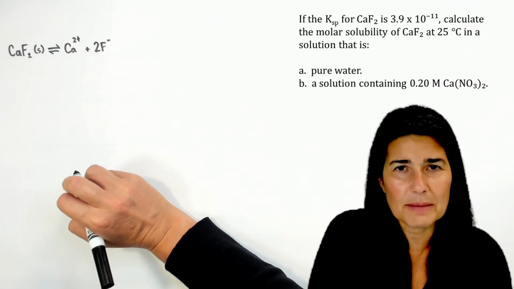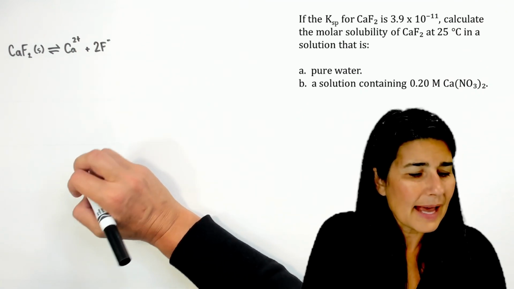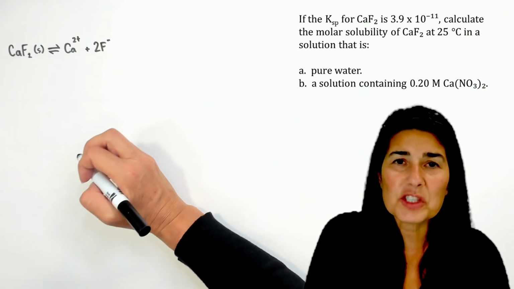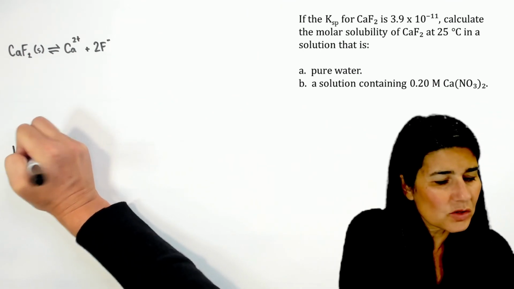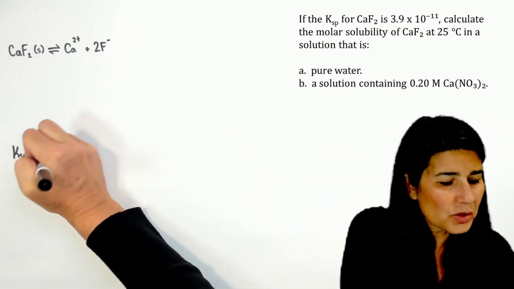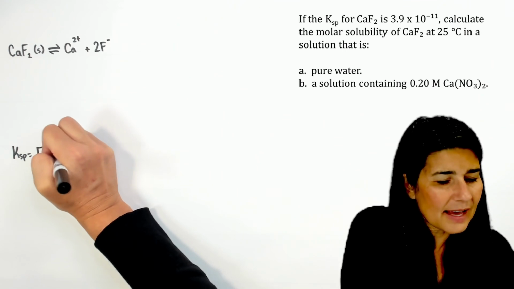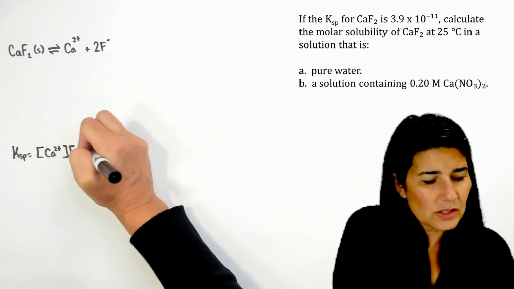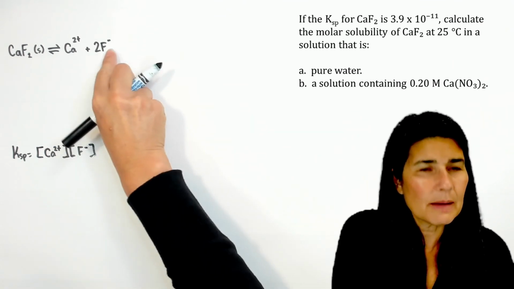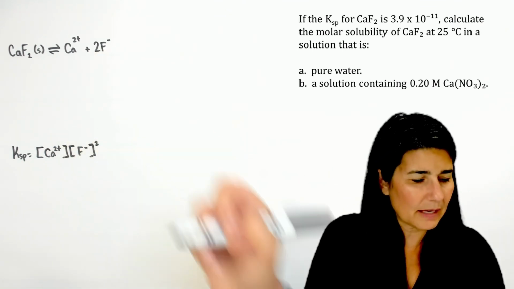I left off the symbol aqueous here. Now, the KSP expression is going to be the concentration of the calcium ion, Ca2 plus, multiplied by the concentration of the F minus, but we need to square that.